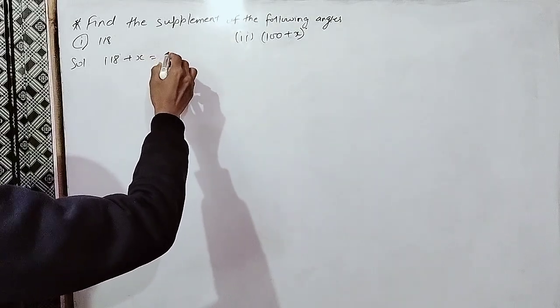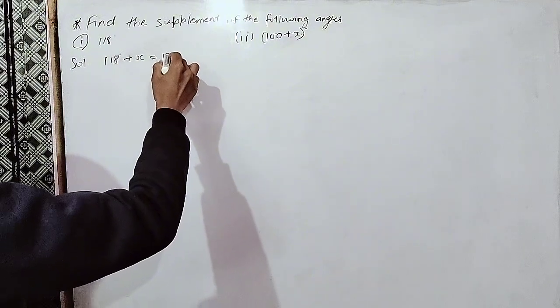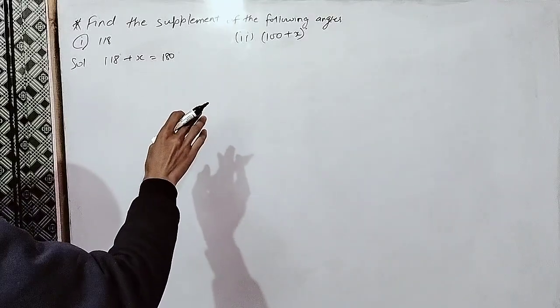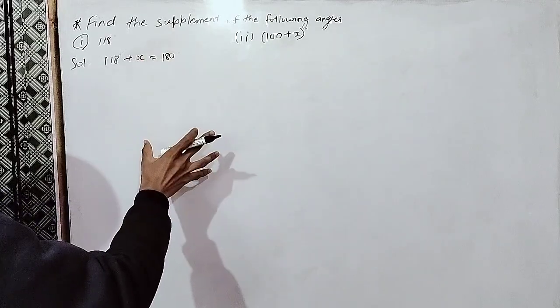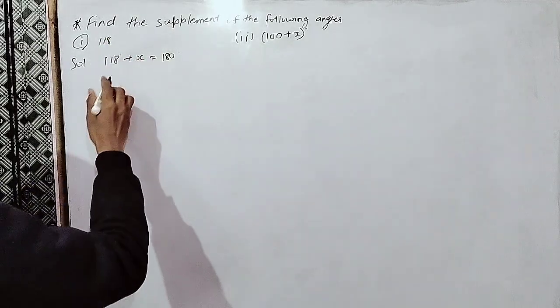Okay. The sum is 180, and the supplement value of this we don't know, that's why we are applying x. Then the value of the supplement angle, how much, is 180. Okay, this is a way to find the answer of this equation.